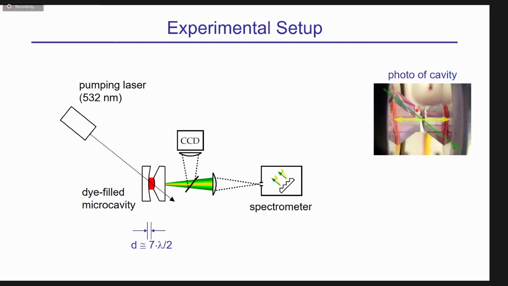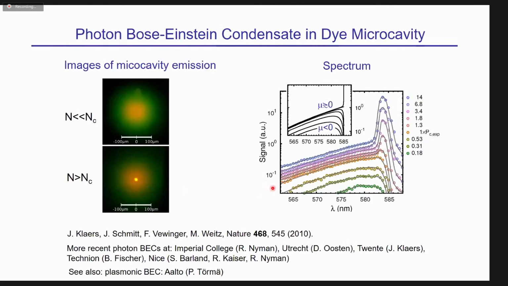So here on the right-hand side, that's a photo of the microcavity. And we pump the microcavity with a laser at a 45 degree angle, and we analyze the light that leaks out both spatially with a camera and spectrally with a spectrometer. And this is typical experimental data, which was published a little bit more than 13 years ago now.